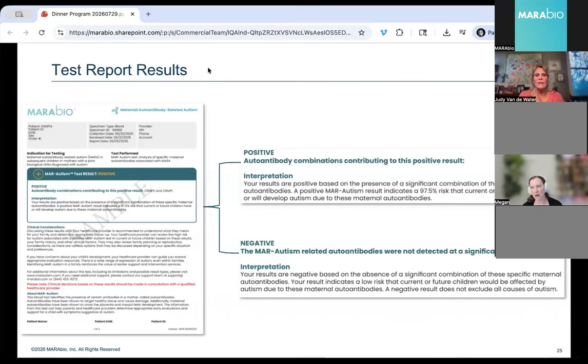But when these autoantibodies are detected in the mother, they do seem to be persistent across many years. Judy, do you want to comment on that? Yeah, so in studies that I've done where we have multiple children in the study, if they were positive at the time of the first child that was diagnosed, all subsequent children were positive.